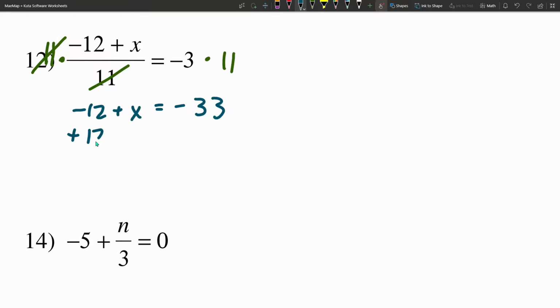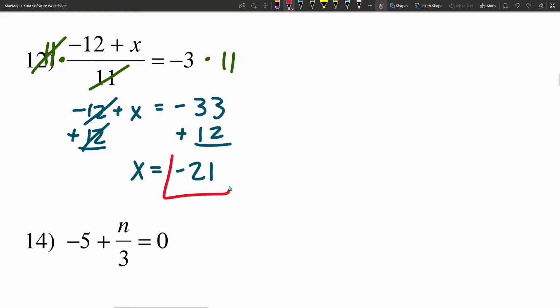Then I'll add 12 to both sides as my final step, because that isolates my x on my left-hand side, and that's going to be equal to negative 33 plus 12. Doing this in our heads, negative 33 plus 2 is negative 31, plus another 10 is going to be negative 21. So negative 21 is number 12.